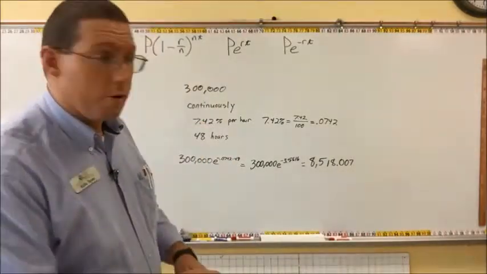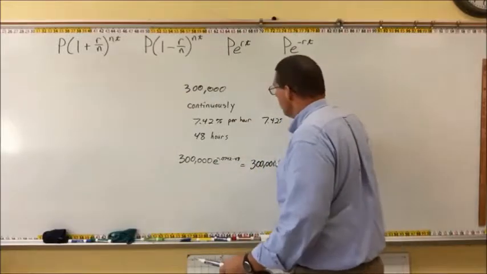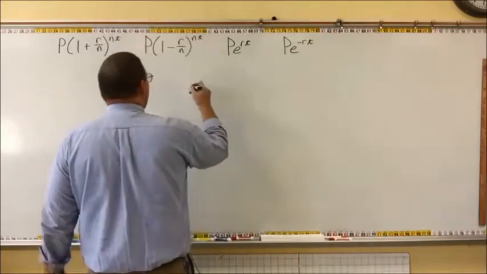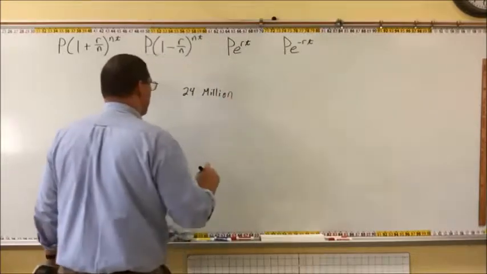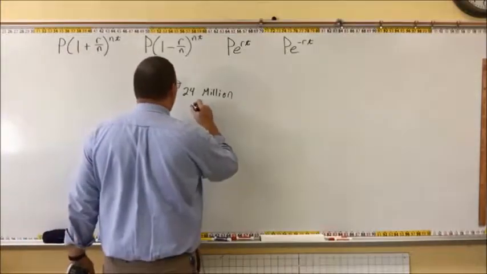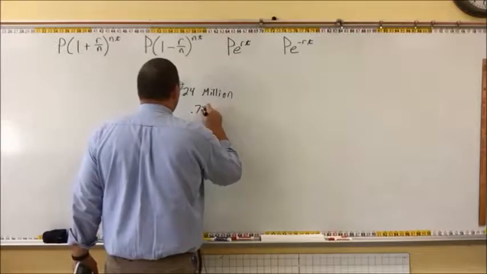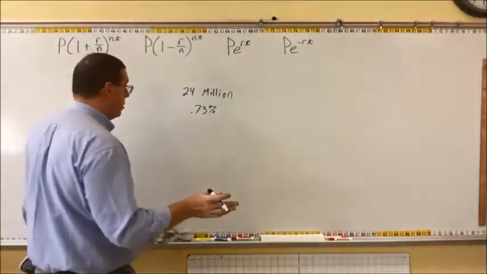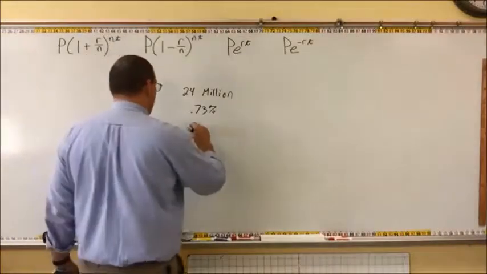We got one more to do, right? One more example. All right, let's do our discrete decay. Let's say that we have a population of 24 million, and it's decreasing at the rate of 0.73% per year, and it's compounding monthly.